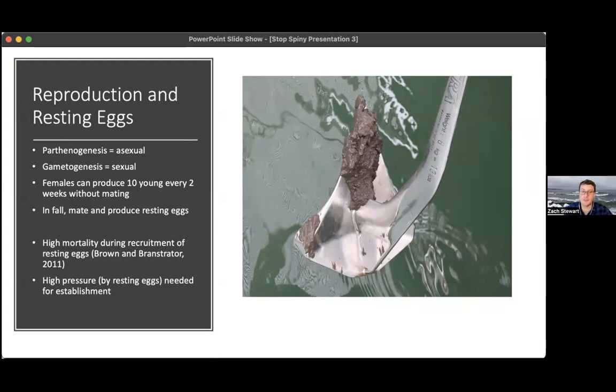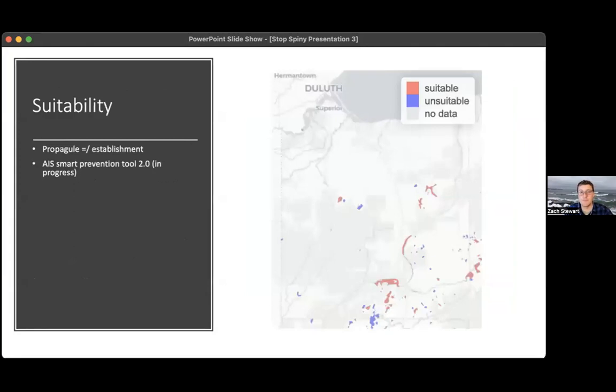Generally speaking, it's understood that relatively high propagule pressure, or in other words, a large number of eggs arriving at a new lake, is needed to actually establish a full population. And that brings me to an interesting concept to keep in mind, which is that one propagule, or one egg, or one adult spiny water flea arriving at a new lake does not necessarily an established population make.